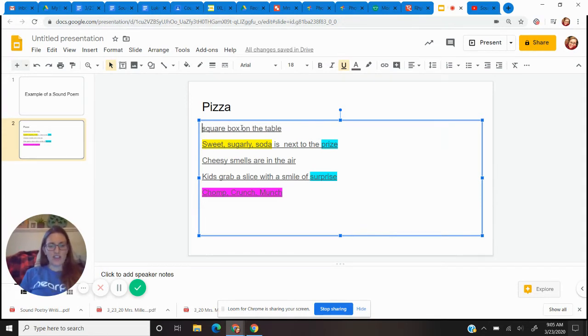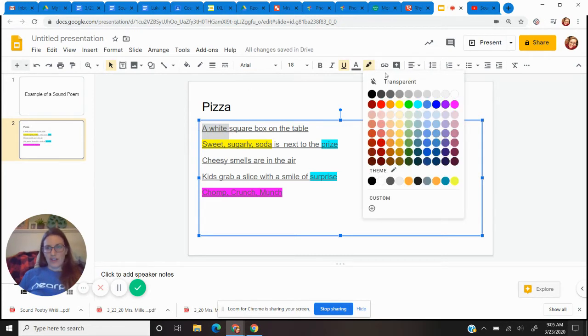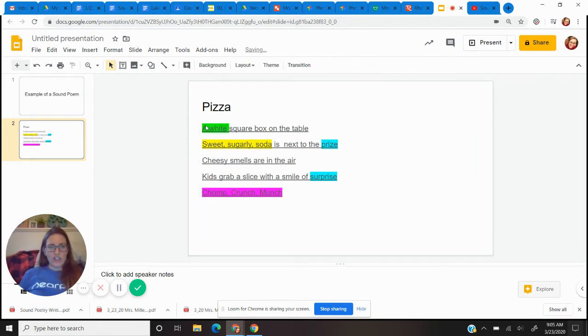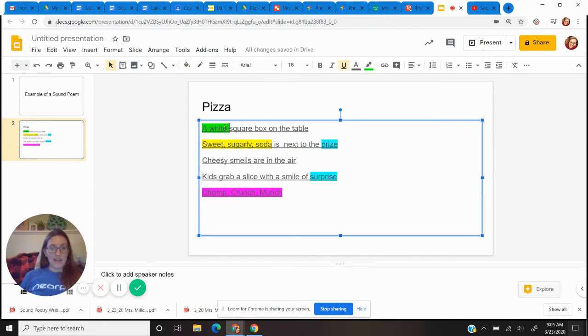I'm going to just say a white square box. So I am just kind of adding this. I'll show you everything I changed in green. So I just want to describe this box, a white, maybe because I have 2 describing, I need to say a white and square box on the table.